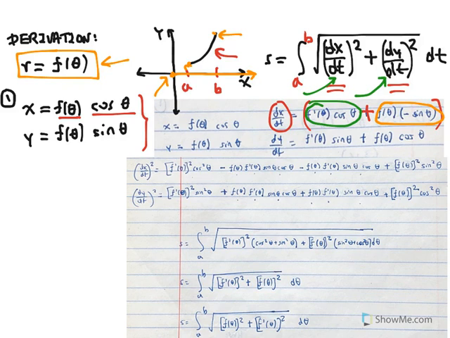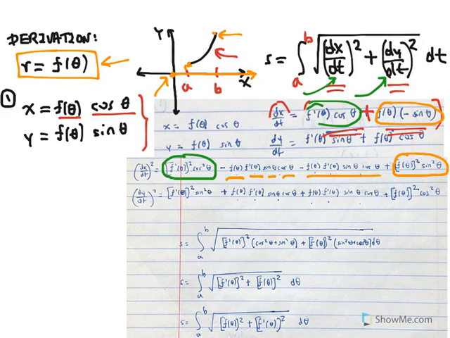When you do FOIL, multiply the first terms, and you get f prime of theta squared times cosine squared theta. Multiply the last terms, and you get f of theta squared times sine squared theta. Multiply the outer terms and multiply the inner terms, basically multiplying these two terms twice, and that would give you negative 1 times f of theta times f prime of theta times sine theta times cosine theta, and you have that twice.